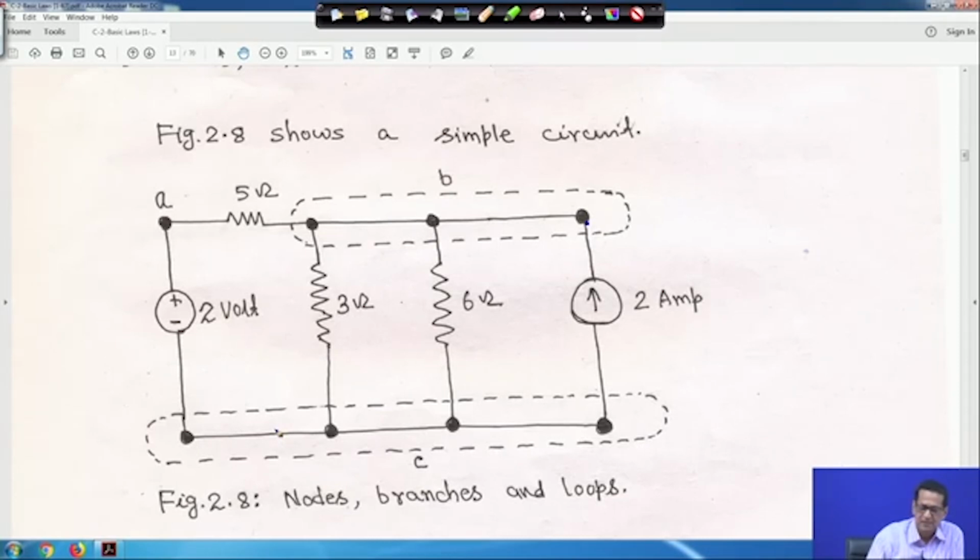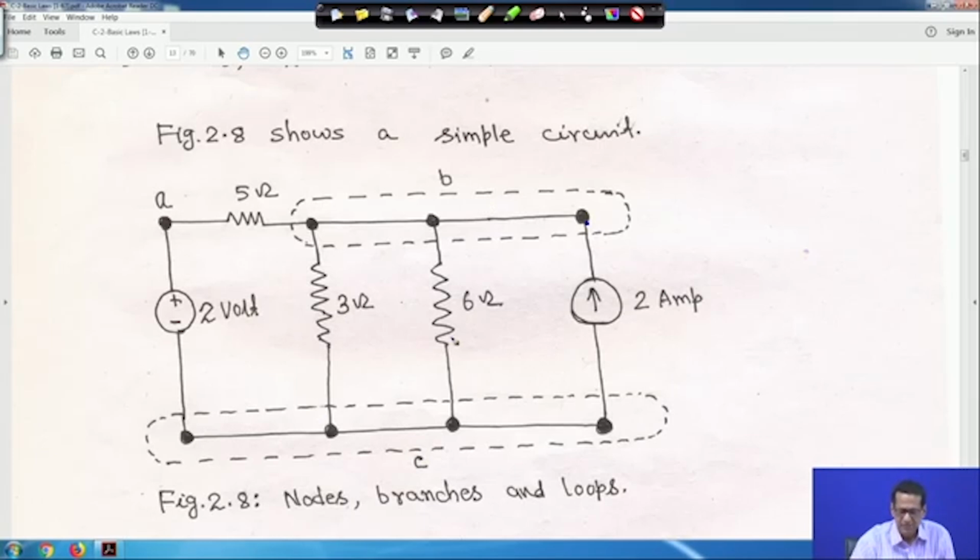So this is one node A, and if we club these 3 together it will be B. That is why I brought them inside the dashed portion, and here also I have encircled all the 4 points together. So this is one node, if you club all these 3 it is another node, and if you club all these 4 it is another node. So there will be 3 nodes.